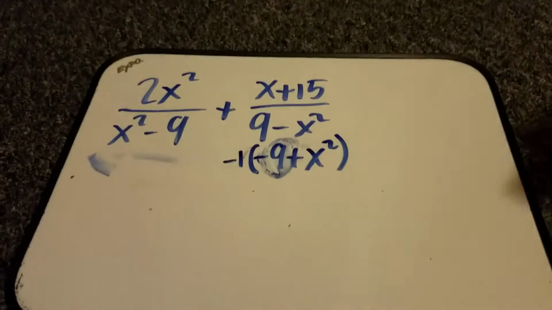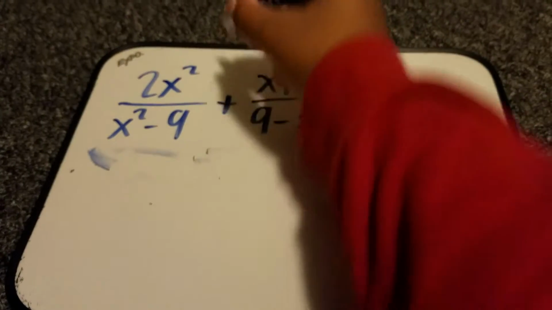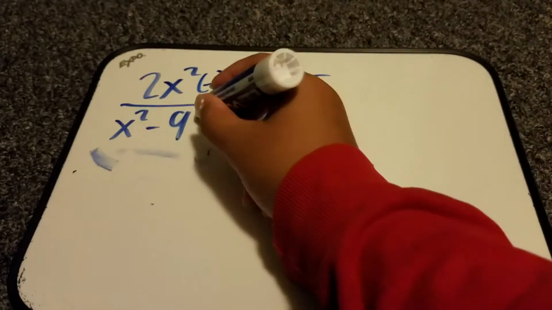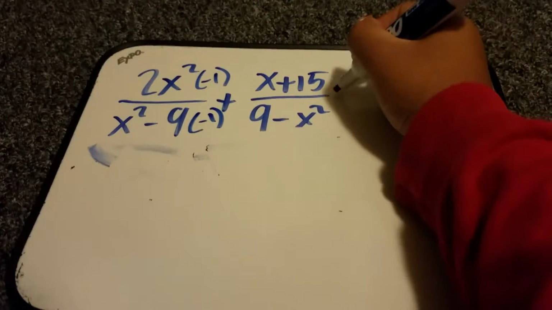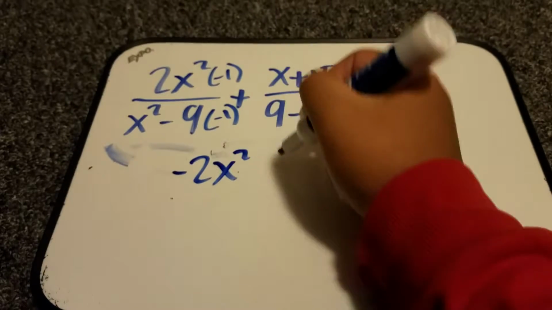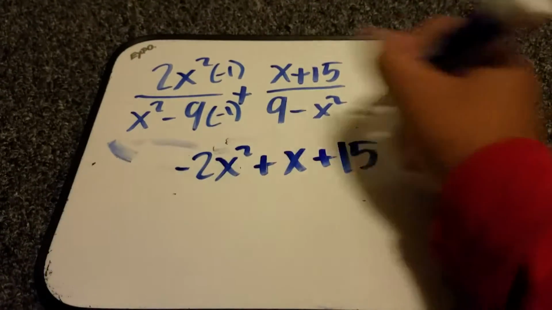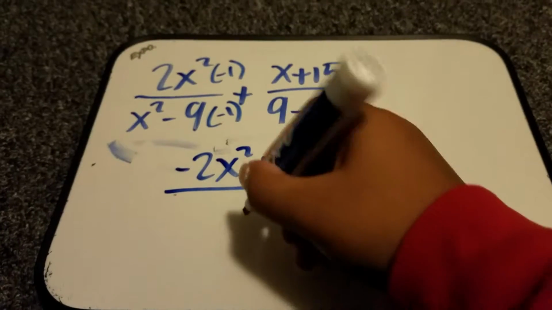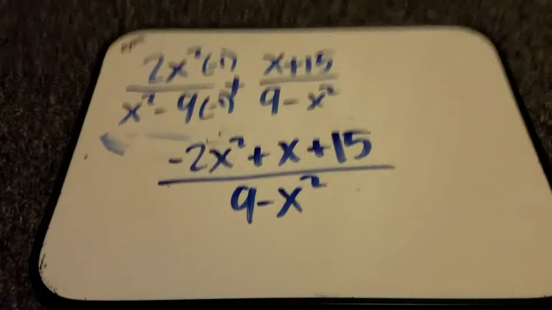So all we need to do here is multiply negative 1 to the other fraction. And that would equal negative 2x squared plus x plus 15 all over 9 minus x squared.